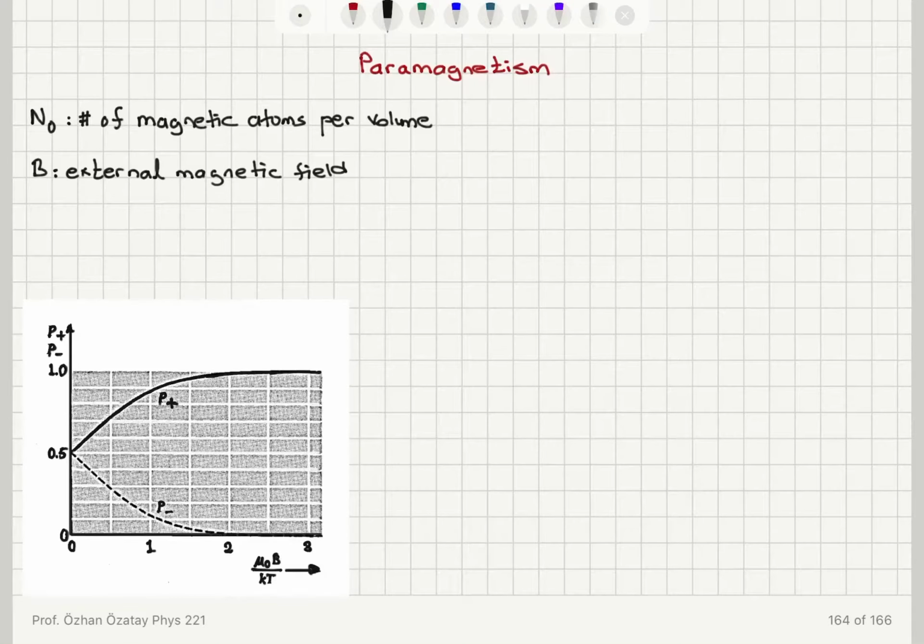and each atom has spin 1/2 and associated magnetic moment mu 0.